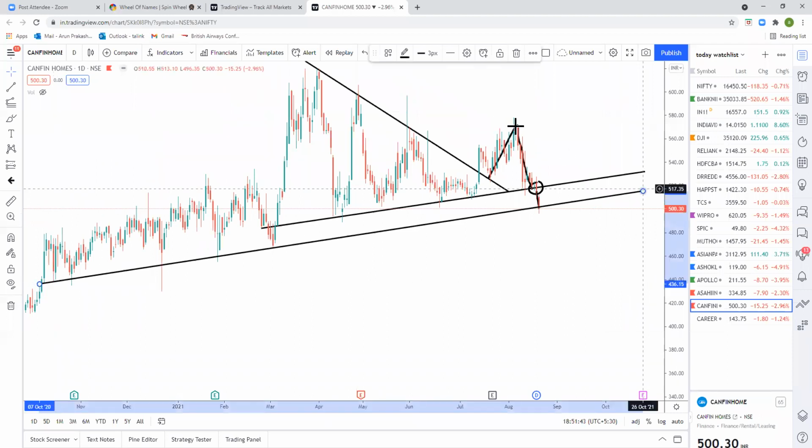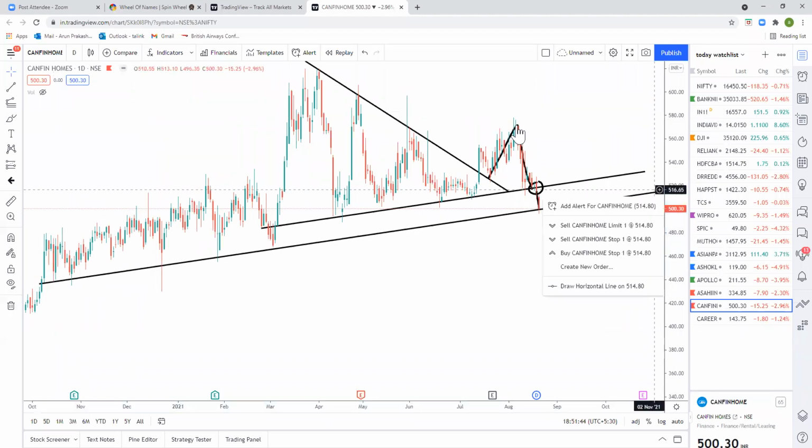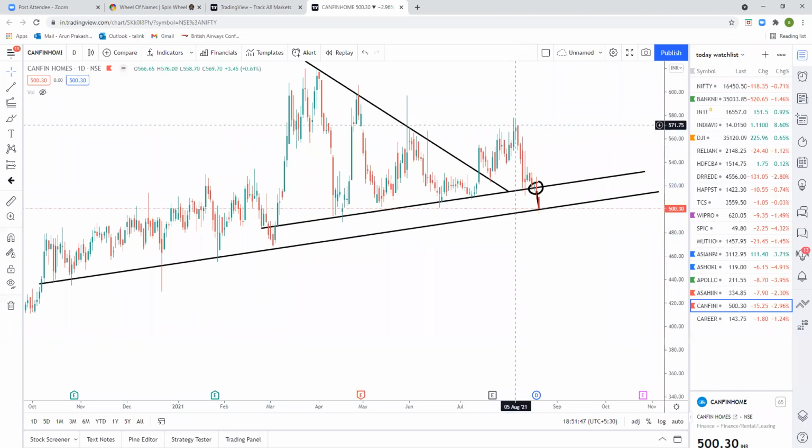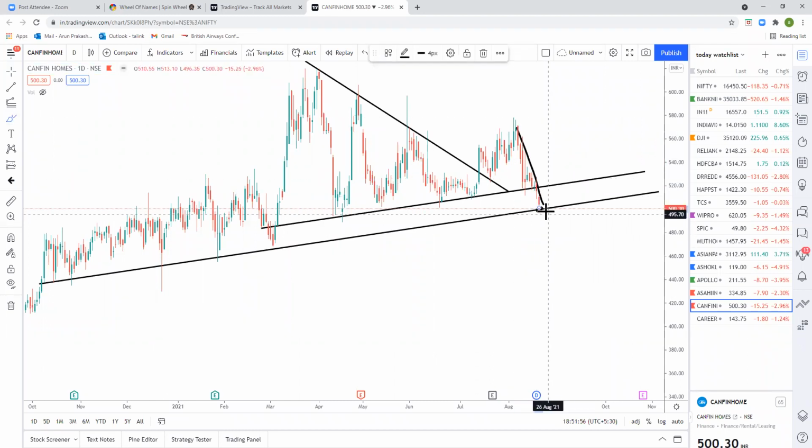And again in CANFIN, I would advise you to wait for a consolidation now, because just because a stock is trading at the support, you cannot go ahead and catch it. You need some sort of confirmation. So let it consolidate. Once it is consolidating and giving a breakout, then I would draw a trend line like this, which you have drawn in Asahi.